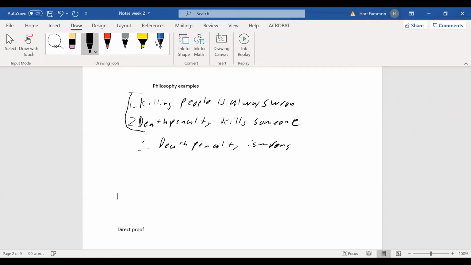You'll have hotly debated things in, say, philosophy of religion, where you could have an argument for the existence of God: if moral values exist, then God exists. Moral values exist.